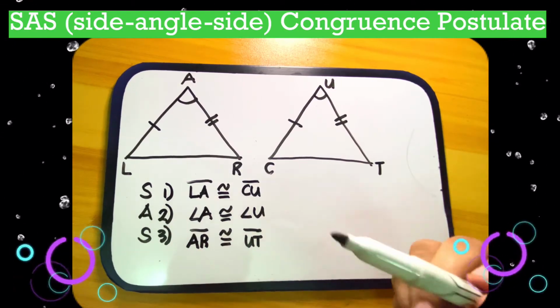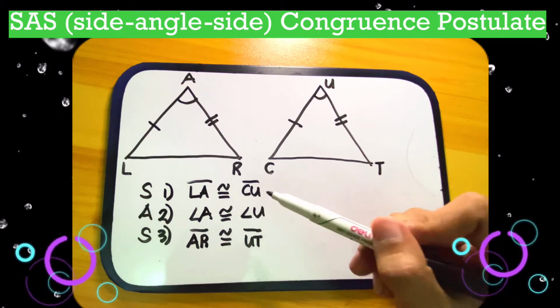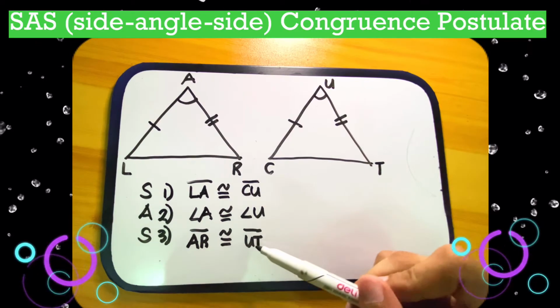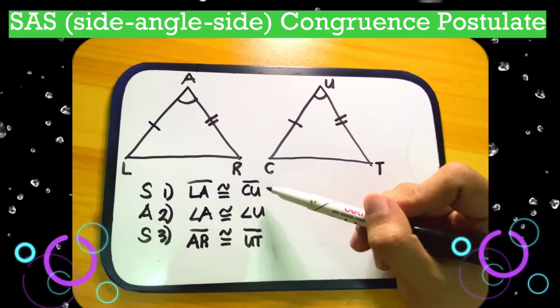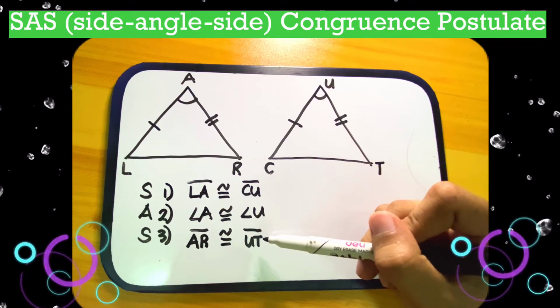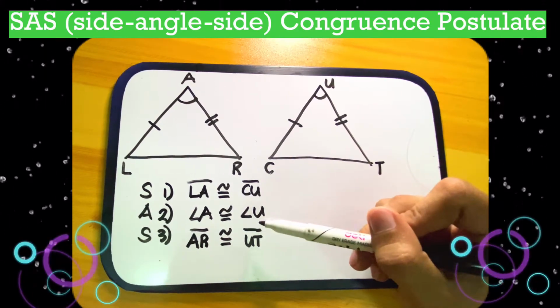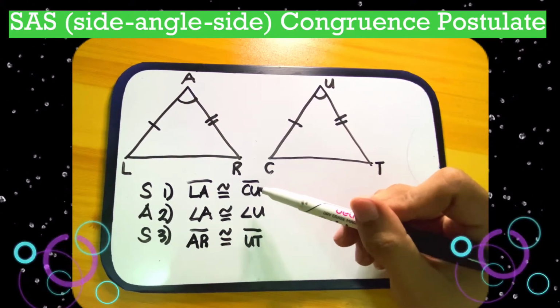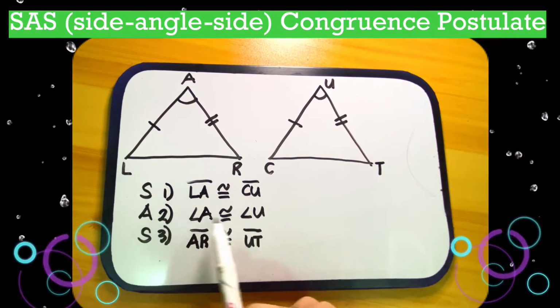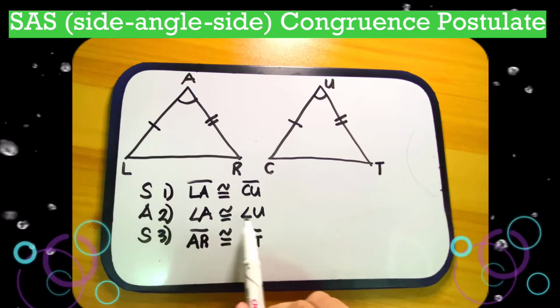Note that statements 1 and 3 can be interchanged. AR congruent to UT could be in number 1 and LA congruent to CU could be in number 3, as long as it follows the pattern SAS. The middle statement is the angles.